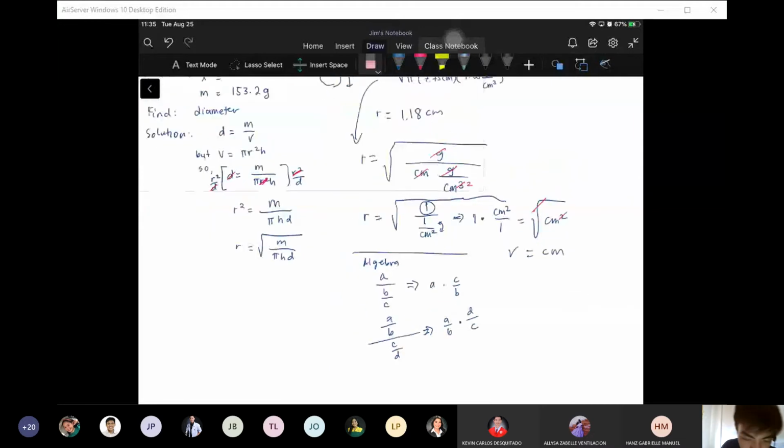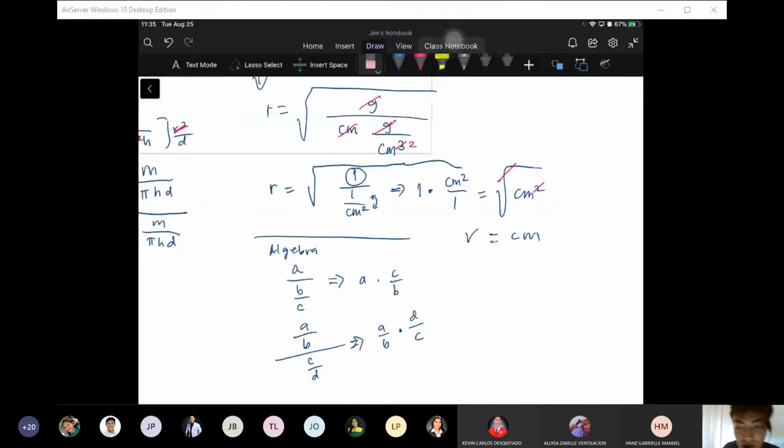So, pwede nyo yan screenshot. Now, I emphasize these minor details kasi yung mga minor na bagay, if you forget them, they will become a big issue, especially when you are doing calculations. So you really have to pay attention with all these ideas. Hindi porket college na is you will forget all this.